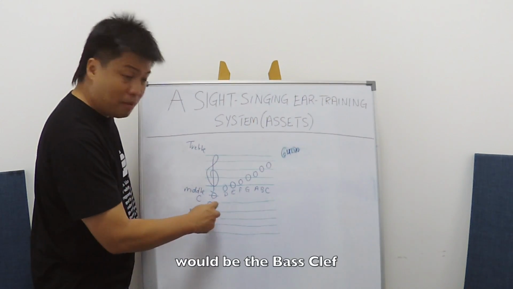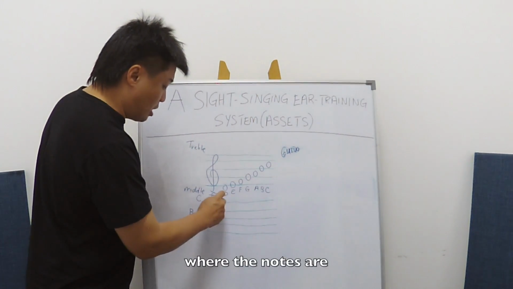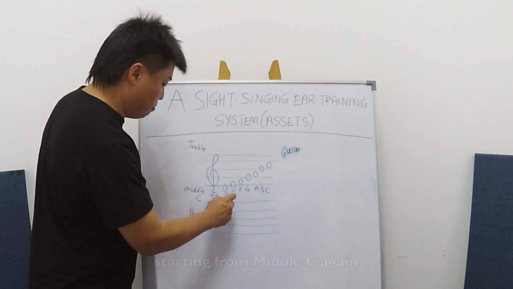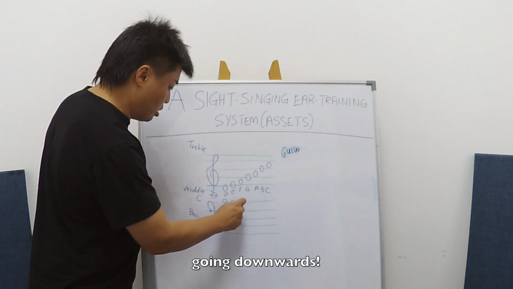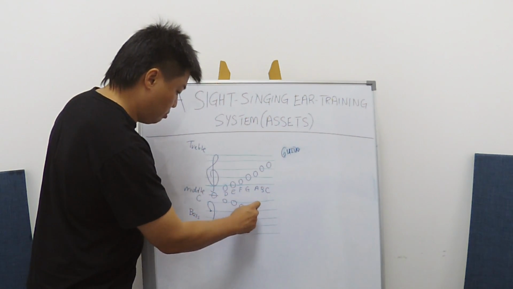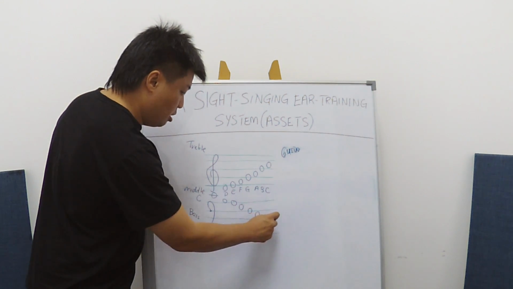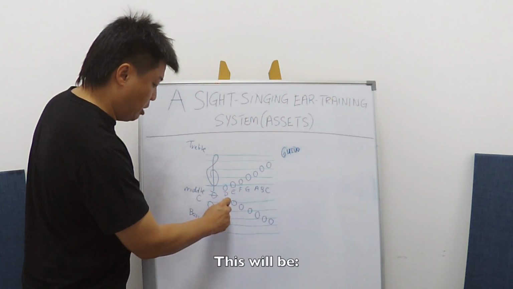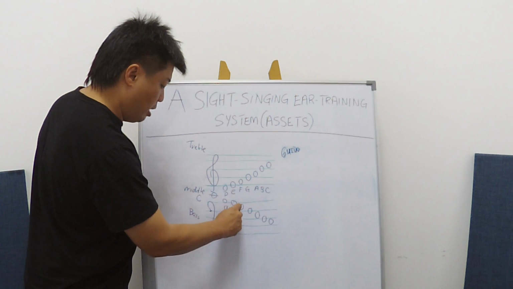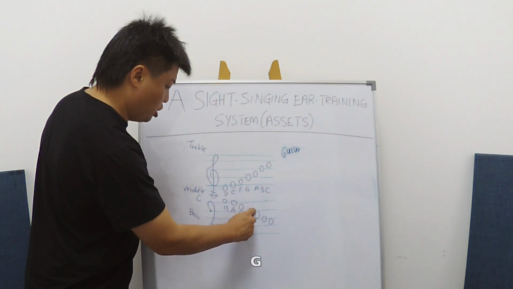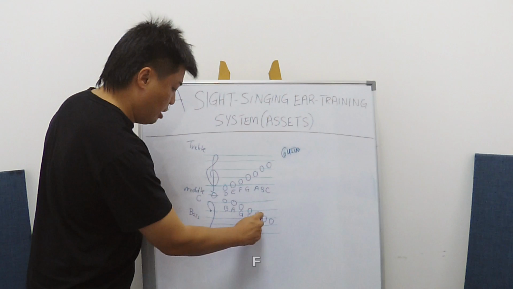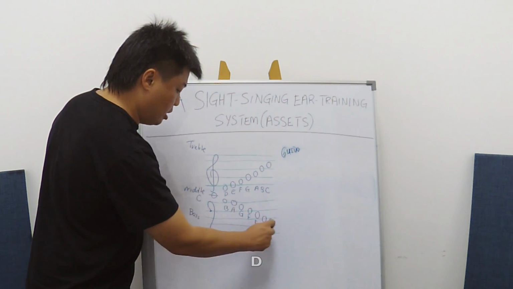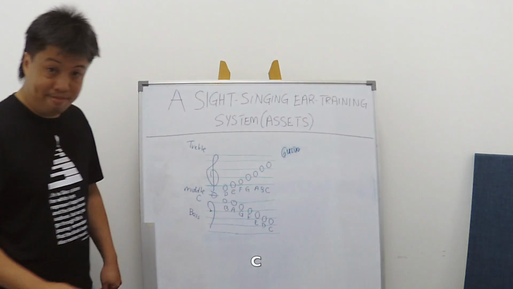Below would be the bass clef, where notes are, starting from middle C again, going downwards. Where this will be B, A, G, F, E, D, C.